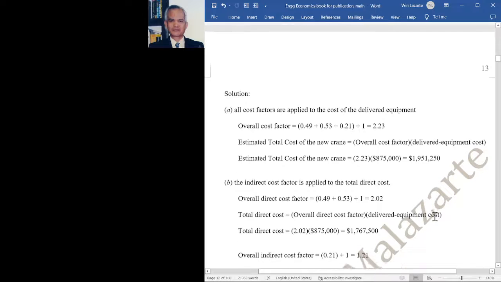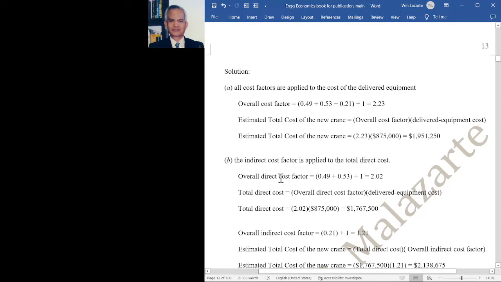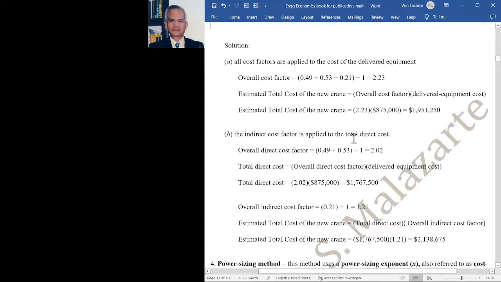For letter B, determine the total cost if the indirect cost factor is applied to the total direct cost. Okay, total direct cost. So first, we have to determine the total direct cost. And how to determine that?